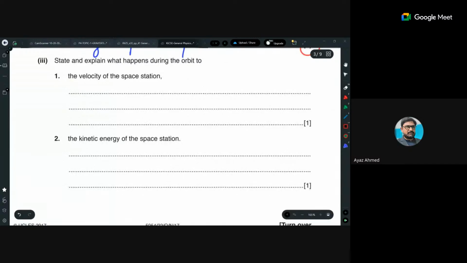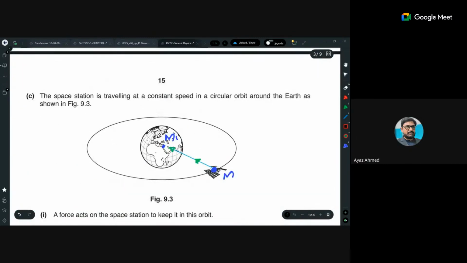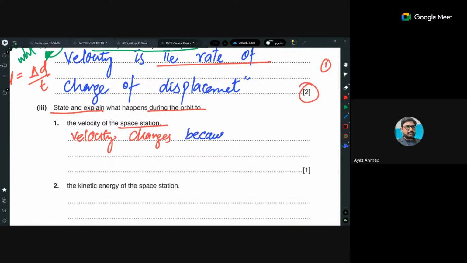Then the next part: state and explain what happens during the orbit to the velocity of the space station. Look, what will happen to the velocity? Because it is changing its direction at every point or at every position. That is why its velocity changes, and you have to state and explain, both things. So you will write velocity changes because direction changes.